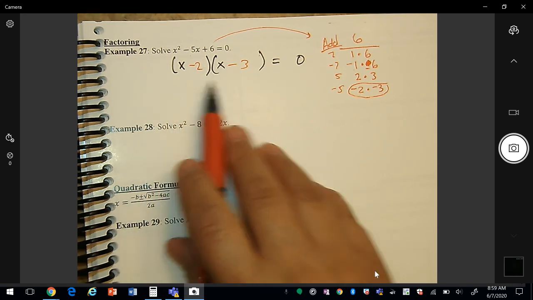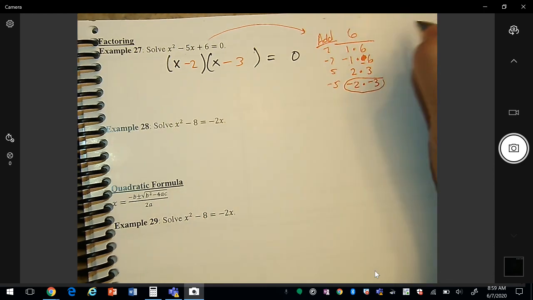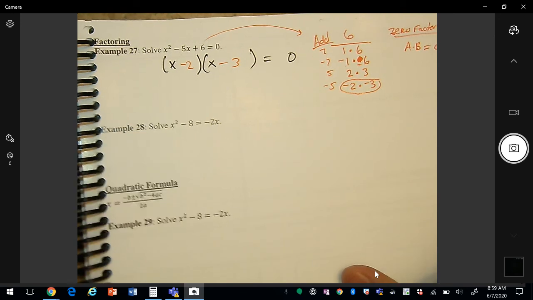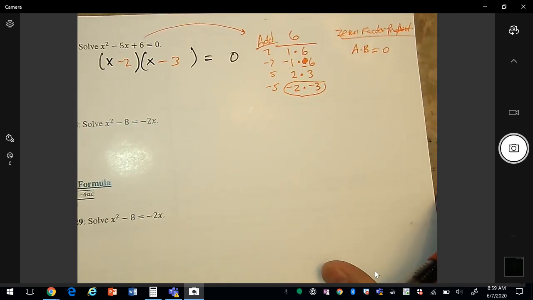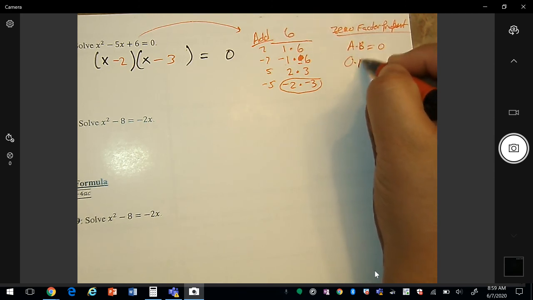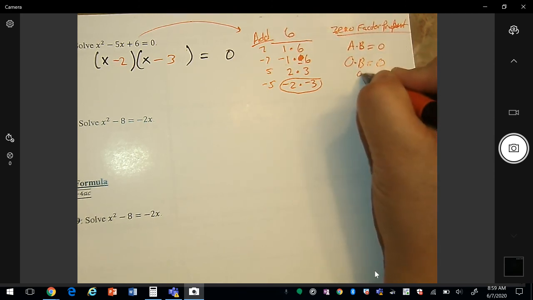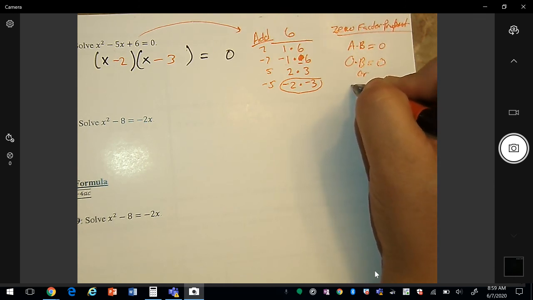Once you have your two factors, we can use something called the zero factor property, which tells us that if you have two expressions, a times b, equal to 0, then in order to get 0 here, maybe a had to be 0. 0 times b is 0. Or maybe b had to be 0.